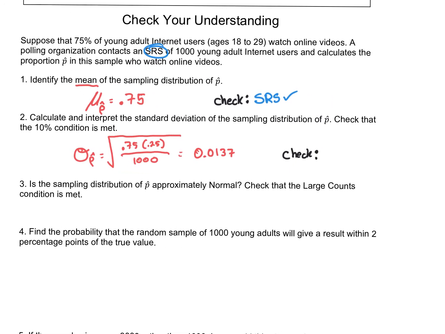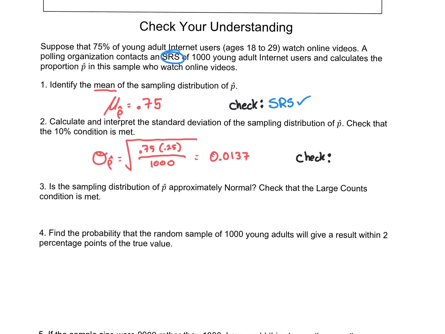But we have to check: am I allowed to do that? Remember, the standard deviation needs independence. We are violating independence when we are sampling, so we need to check the 10% rule. So for the 10% rule, I'm going to use words here: all adult internet users, that's who we're talking about, is greater than 10,000.